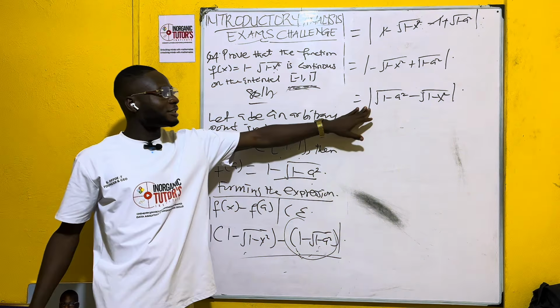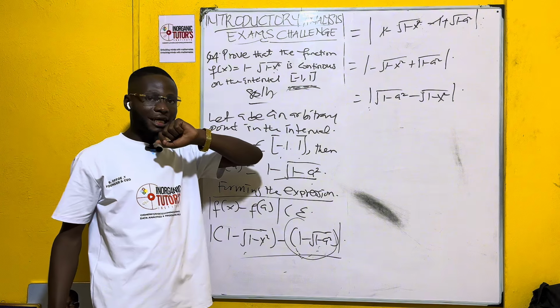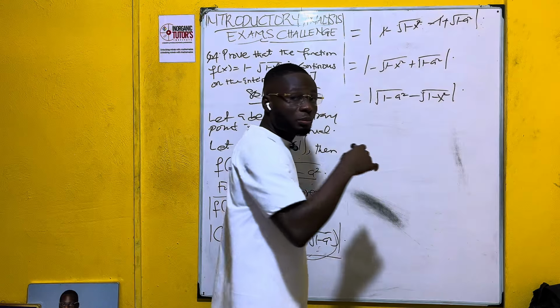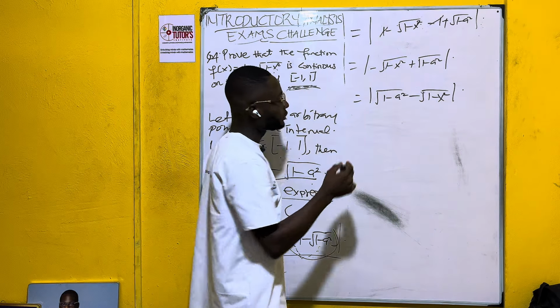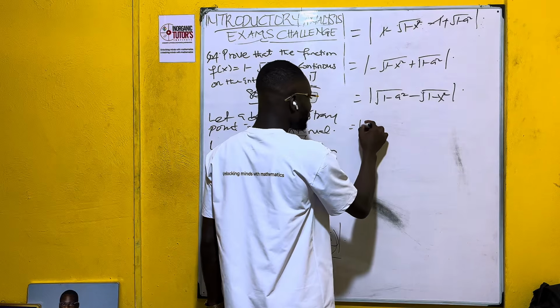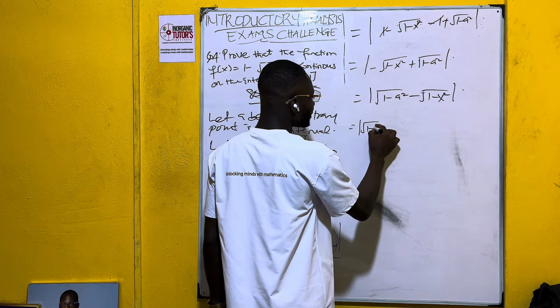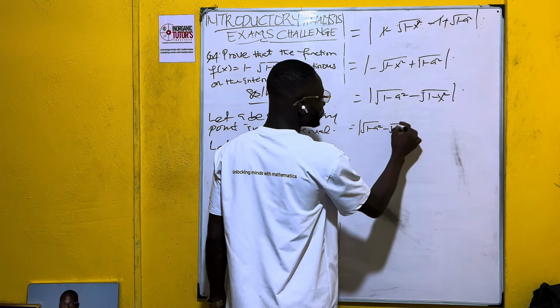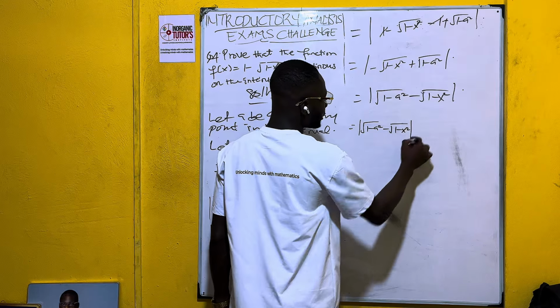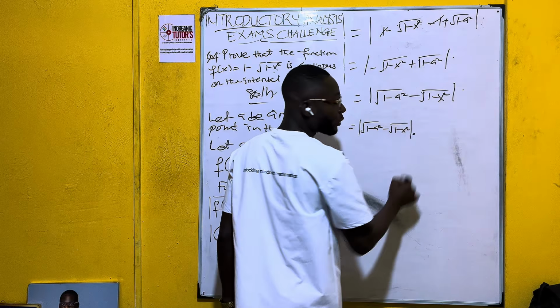Now, at this point, we have to rationalize it. How do we rationalize? We have to multiply by the conjugate, right? So this is going to be absolute value of square root of 1 minus a squared minus square root of 1 minus x squared, right? So this one times the conjugate.